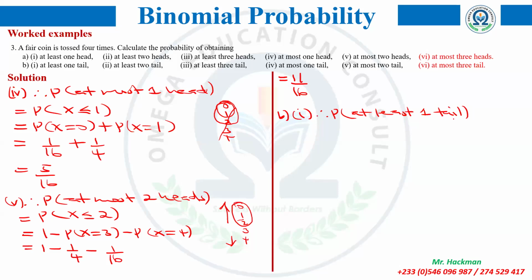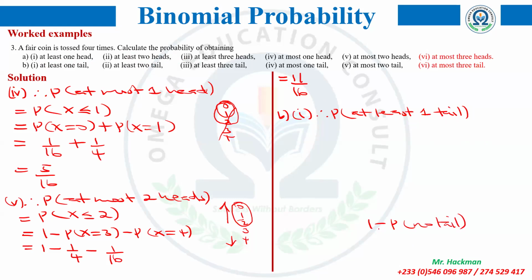And the none will refer to the outcome that we have there. That's the more reason why P at least one head was 1 minus P none, and P none meant no head, because we are referring to the outcomes there. So the none will be with reference to the head. However, here it will be, I'm going to write it, the same as 1 minus P, no tail. Is that clear?